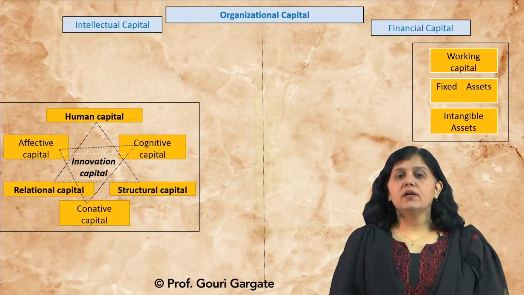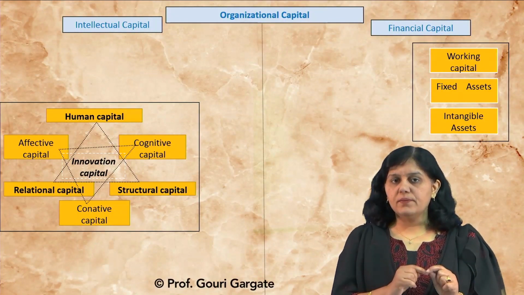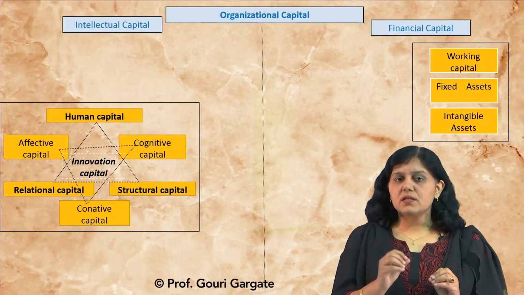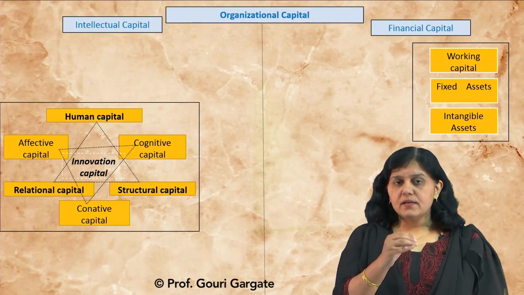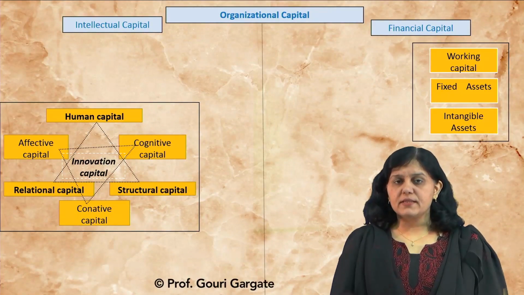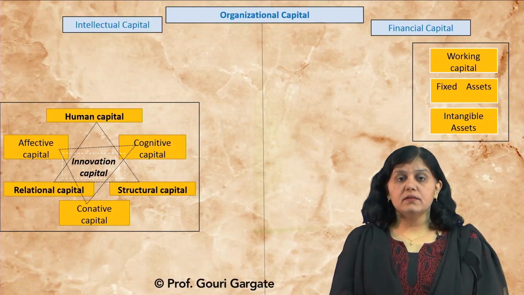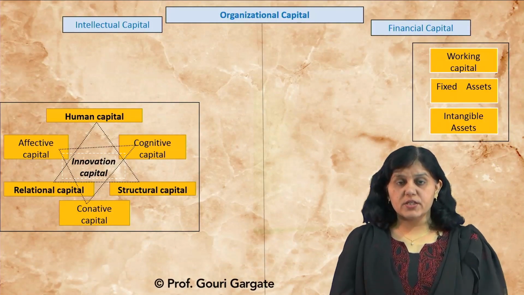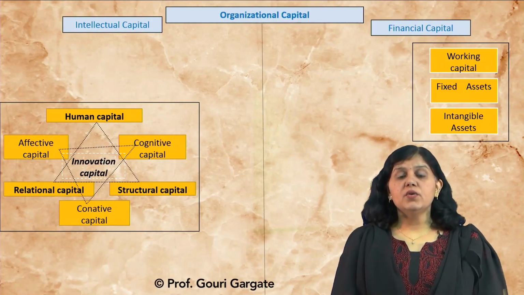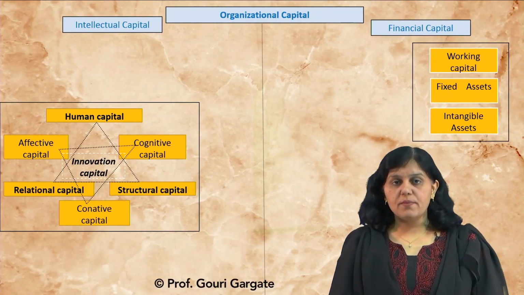Whenever you are starting your project, you check that all these capitals, human capital, structural capital and relational capital, are perfectly in place, right? That means the inventors who are working on that project, the infrastructure which is required for your research, and your vendors or any collaborators.